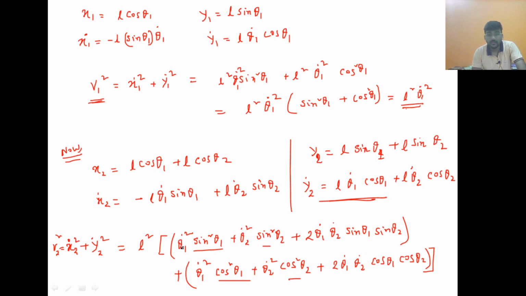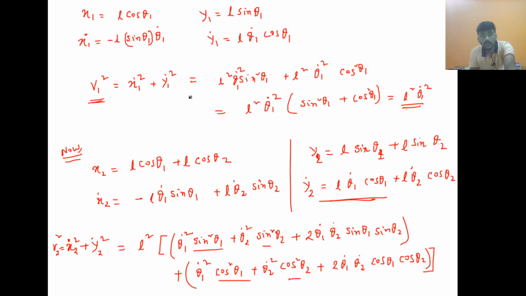Okay, so it will be theta 1 dot square plus theta 2 dot square. So let me write it now. So v2 square will be L square into theta 1 dot square plus theta 2 dot square.